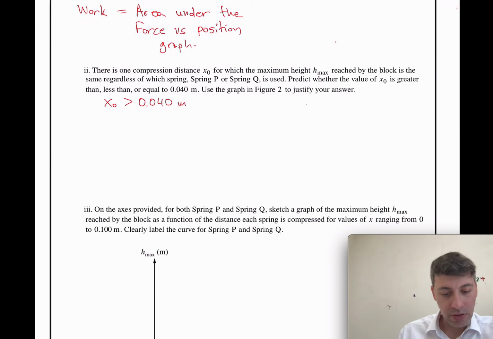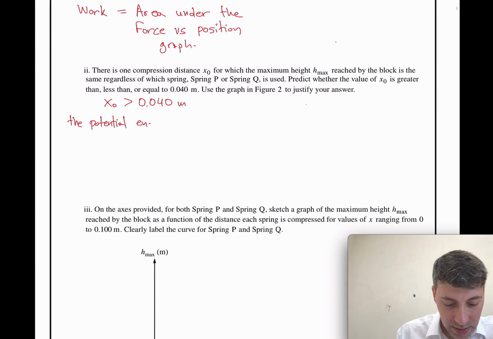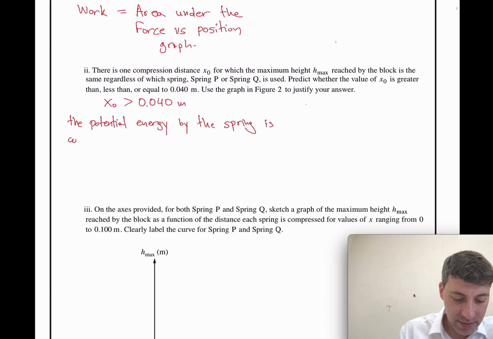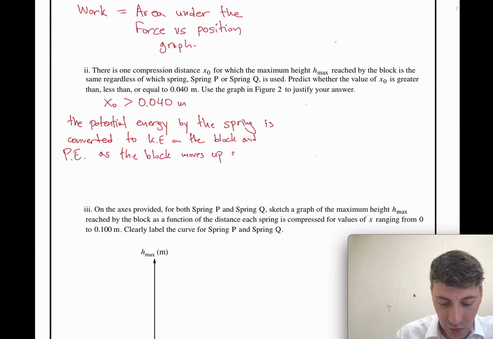And the justification: we use the graph in figure 2, and we need to say that the potential energy by the spring is converted to kinetic energy of the block, and potential energy as the block moves up on the inclined plane.